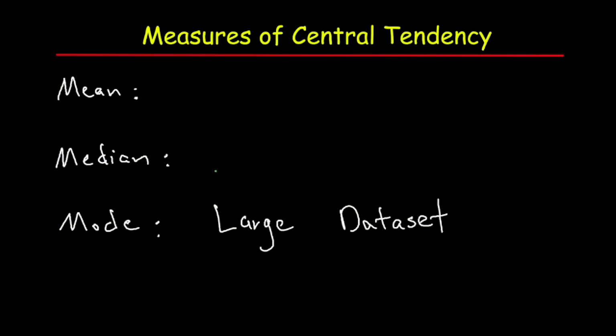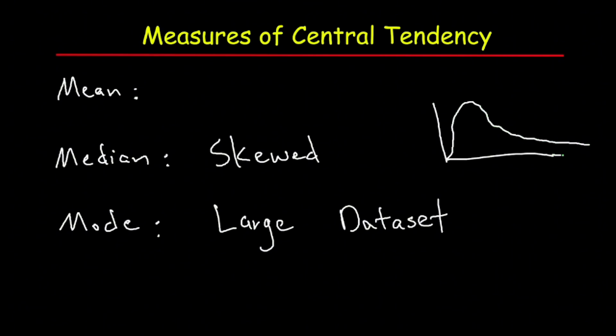Then we have the median. Now the median is good when the data is skewed. What skewed means is if the data, let's say, looks something like this. This is what most income levels look like, because you obviously can't have an income lower than 0, but you can have a lot of people with very high income, while you still have the majority here.